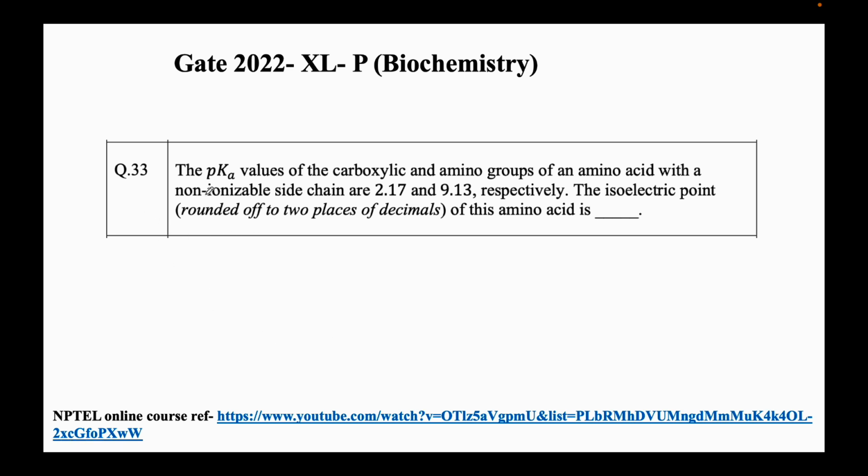Okay, so in the question they have mentioned that the side chain is non-ionizable, right? So we are left with only the NH2. So we don't know what this amino acid is, so we are left with the NH2 pK value and carboxyl pK value, and they have given us that the amino group pK value is 2.17 and the carboxyl group pK value is 9.13.